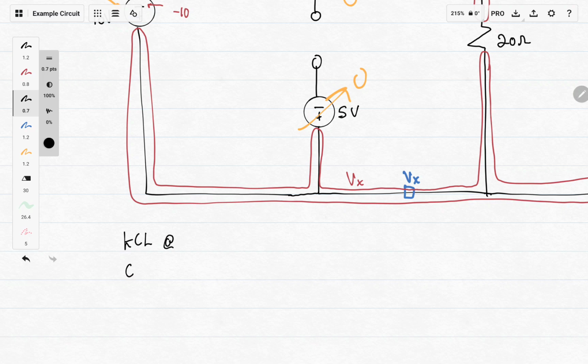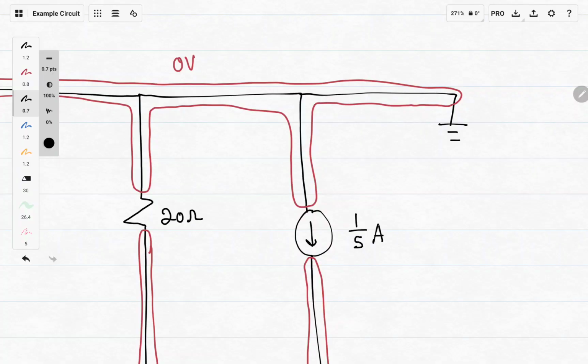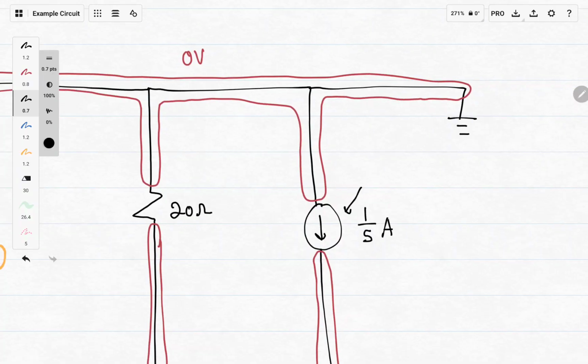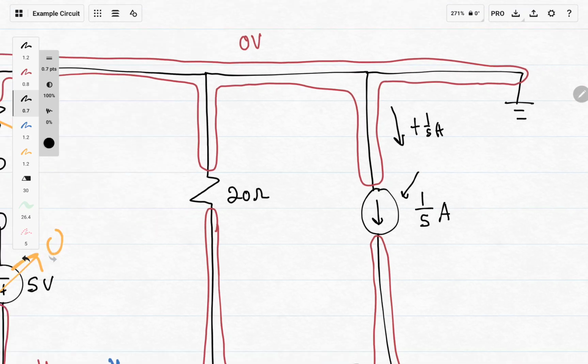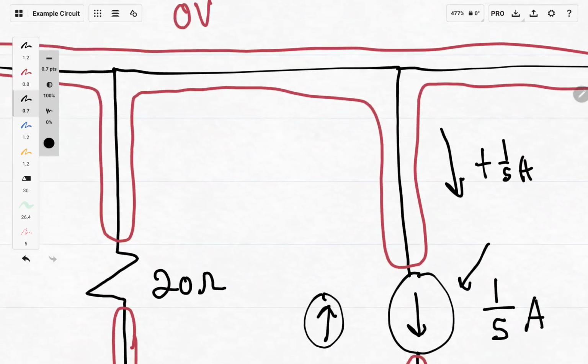KCL at 0 volts. So the first thing we encounter at 0 volts is this current source. And because it's leaving, it's going to be a positive 1/5 amps. Let's say this current source was facing towards the node. This would be a negative 1/5 amp.